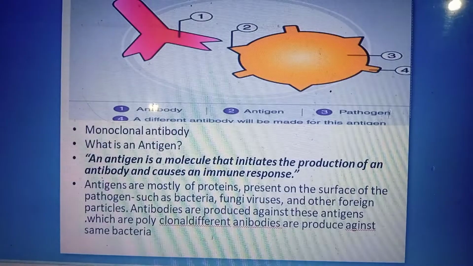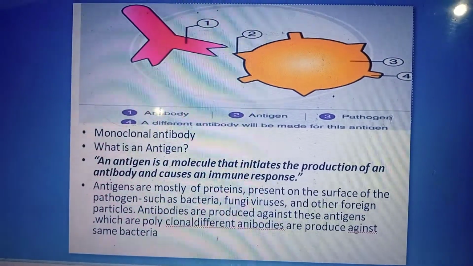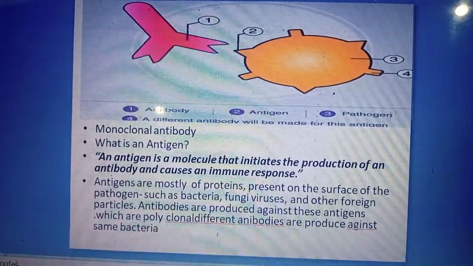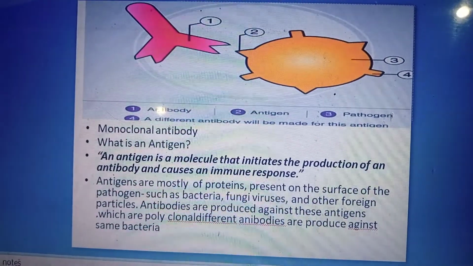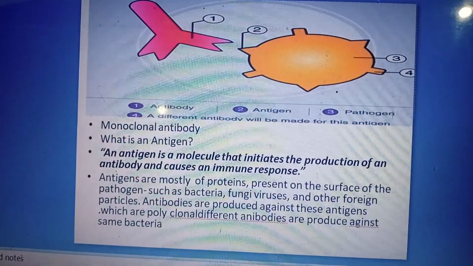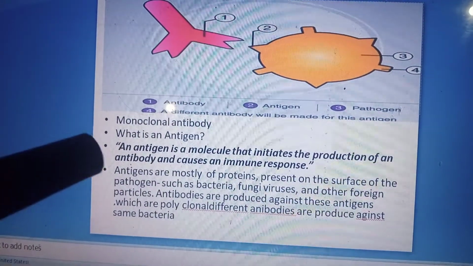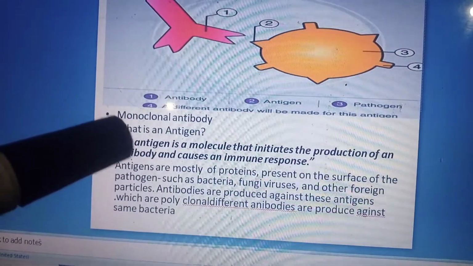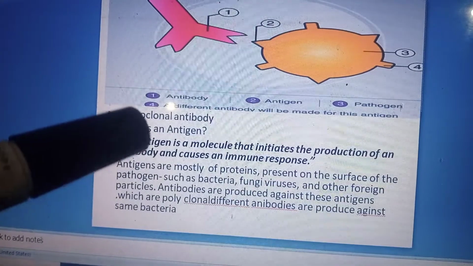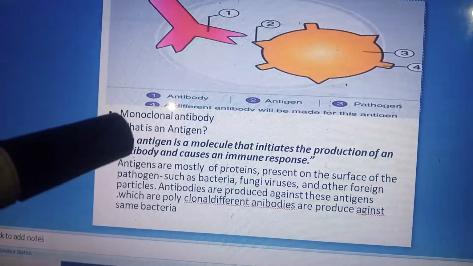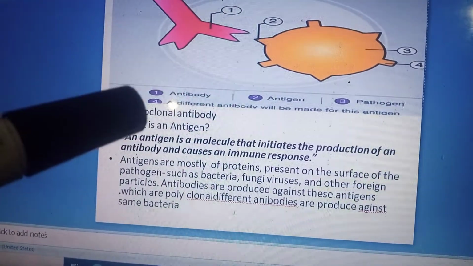Before starting our lecture on monoclonal antibody, first of all, we must know what an antigen is. An antigen is a molecule that can initiate the production of antibody and cause an immune response.